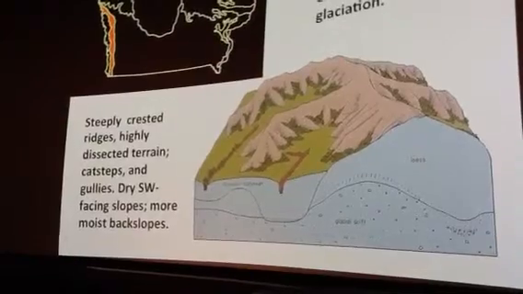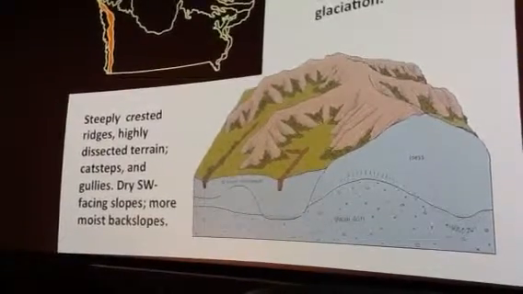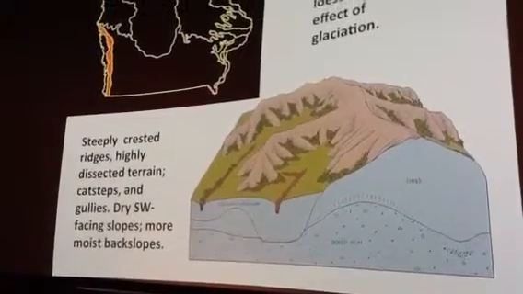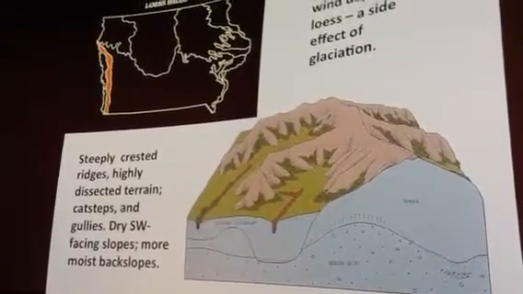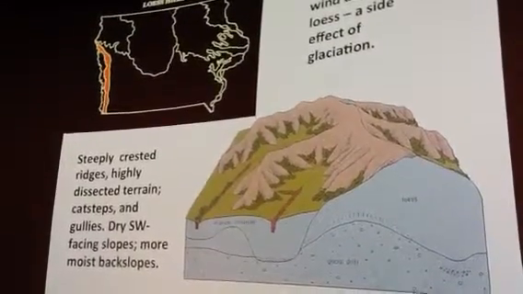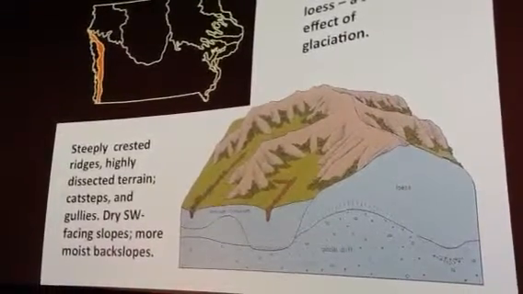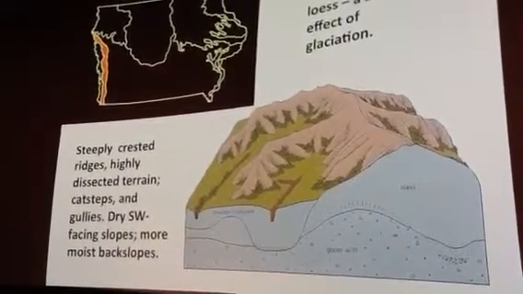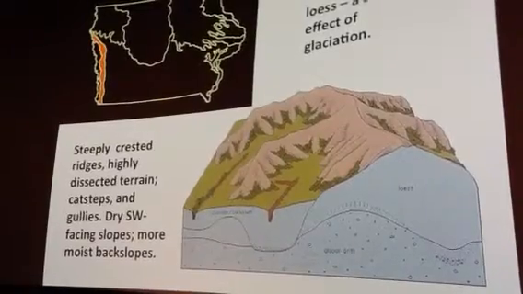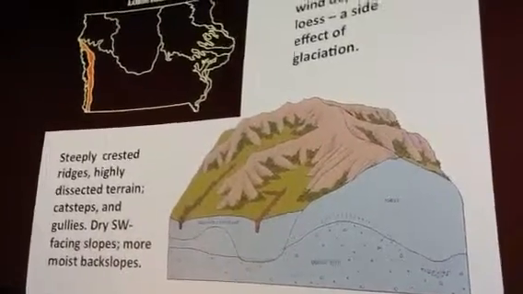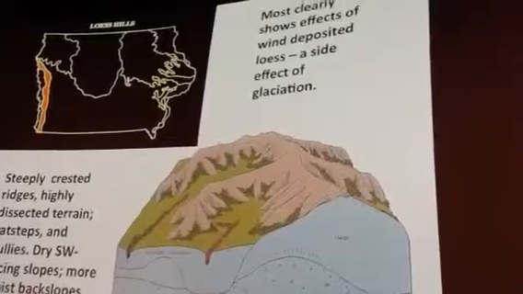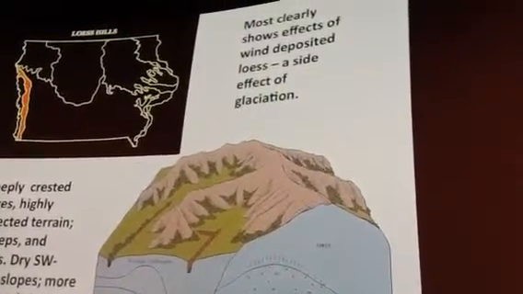And as you can see from the map, the Loess Hills are a very narrow, elongated landform region that is directly adjacent to the Missouri River Valley. And this area really shows the effects of wind-deposited loess, which is a side effect of glaciation. I'll show you how that works here in a minute.